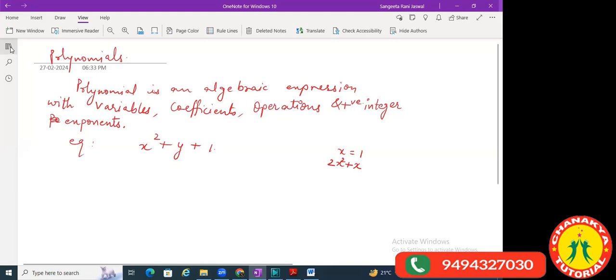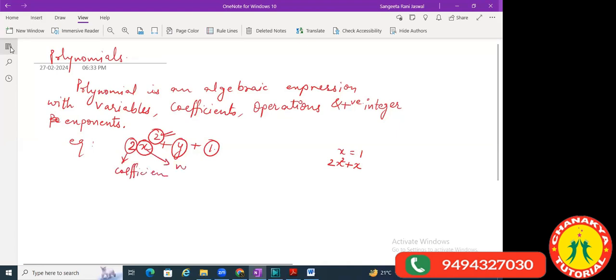Polynomial. Now here you can see this is the positive integer exponent. Okay, Shyan. This is the variable. Here x and y are the variables. If you have any number with the variable, this is called the coefficient. Any number with the variable is called coefficient.